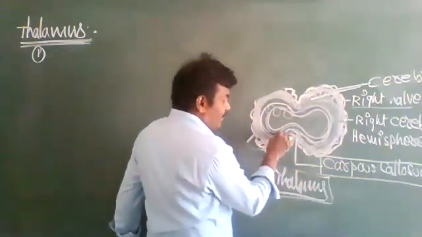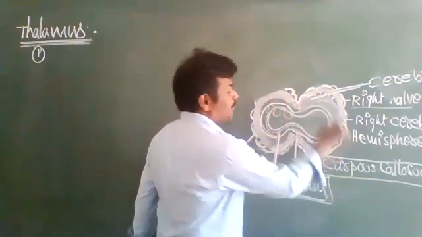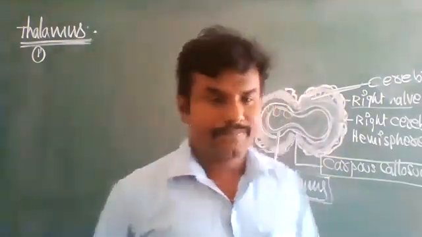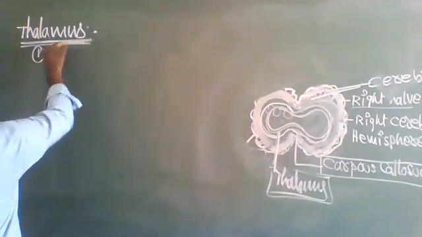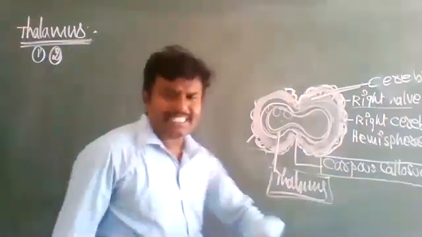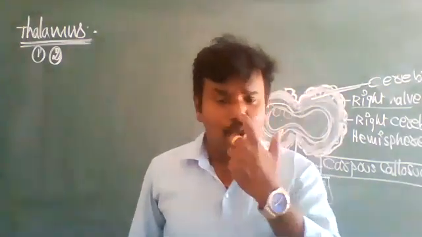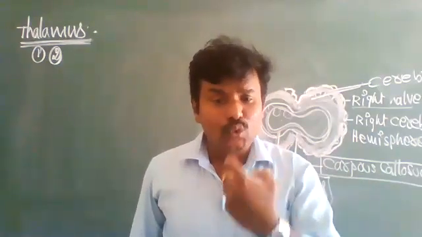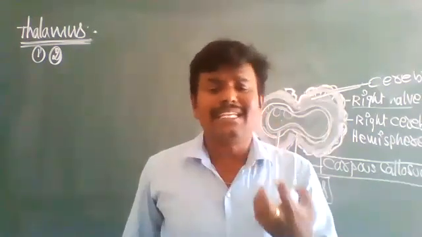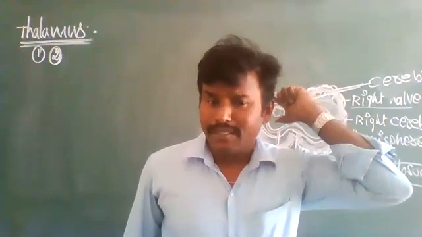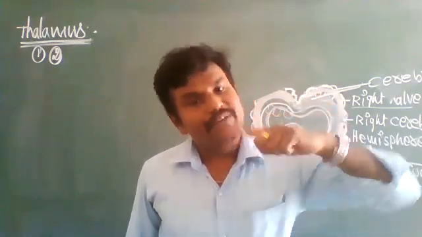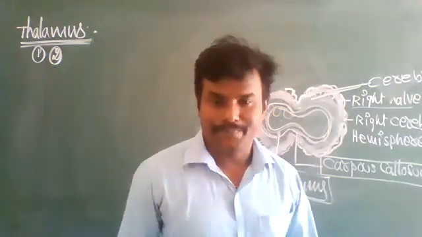So it reaches the thalamus, and from the thalamus it goes to the cerebrum. Sensory information from the eye, nose, tongue, tooth, skin, whatever is going to the cerebrum first reaches the thalamus, and from the thalamus it goes to the cerebrum.